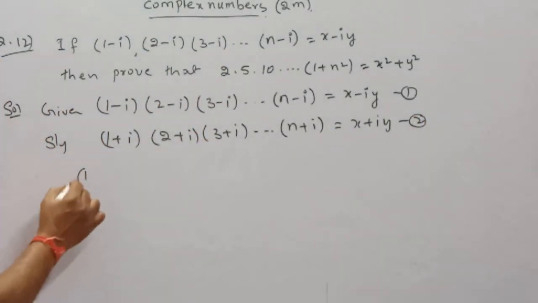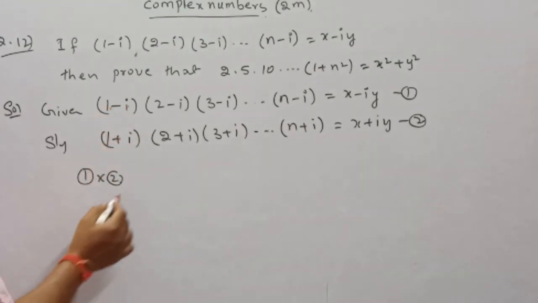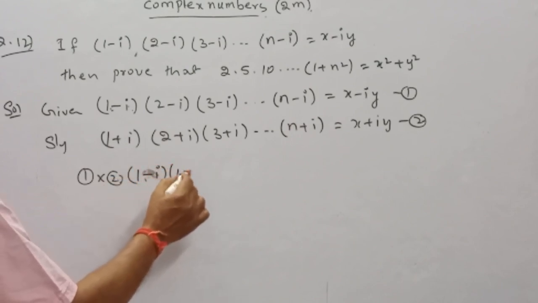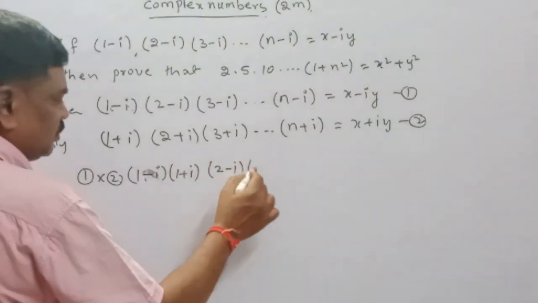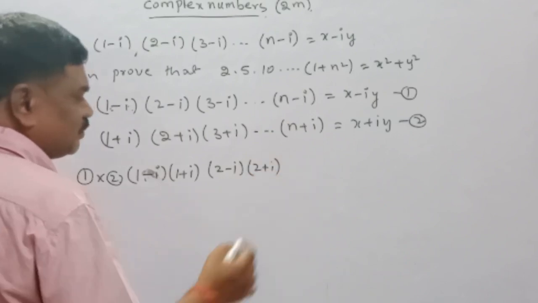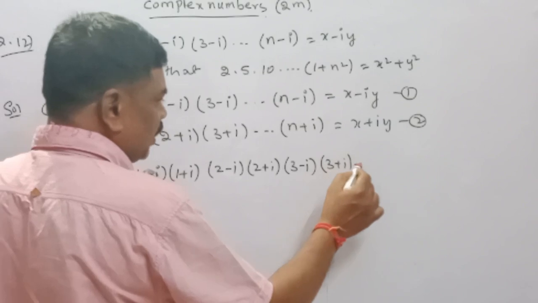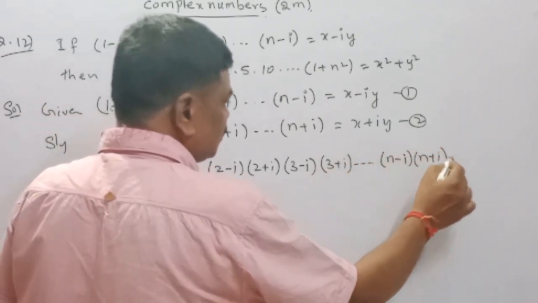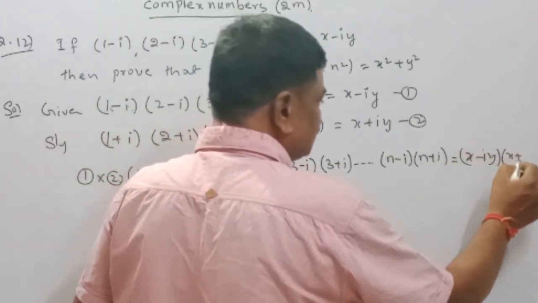So 1 into 2 you can do. (1 minus i) into (1 plus i). Okay, all of you? (2 minus i) into (2 plus i). Okay, all of you? (3 minus i) into (3 plus i). And so on. (n minus i) into (n plus i) is equal to (x minus iy) into (x plus iy).